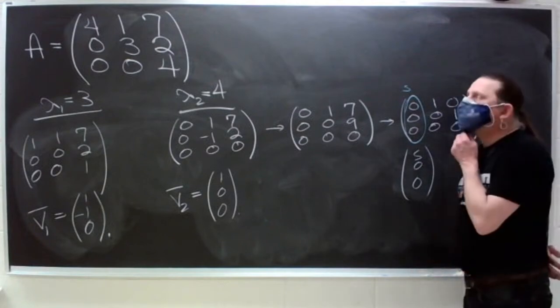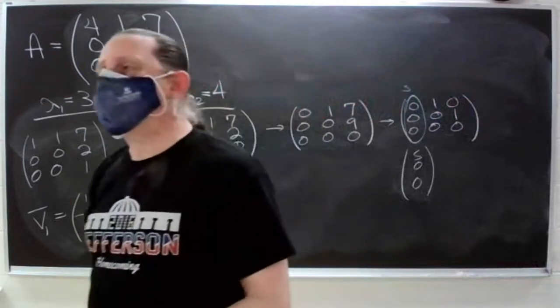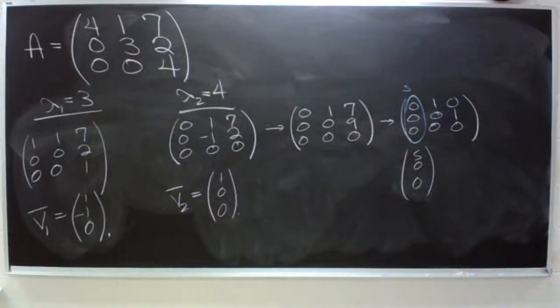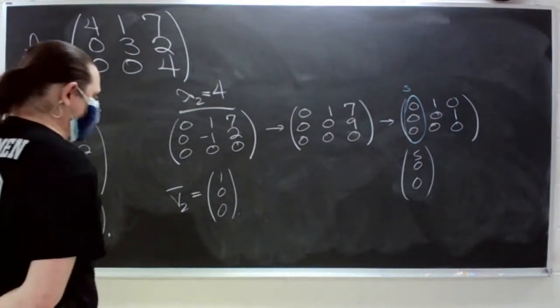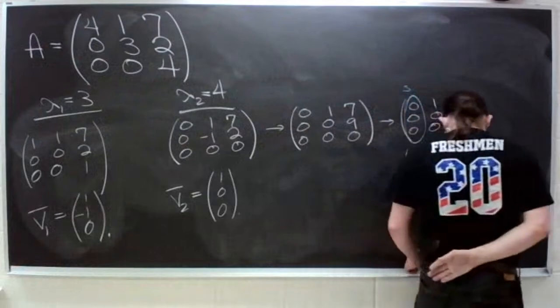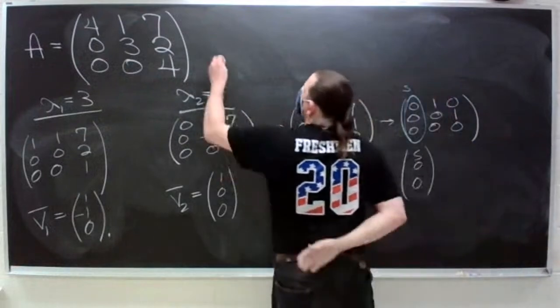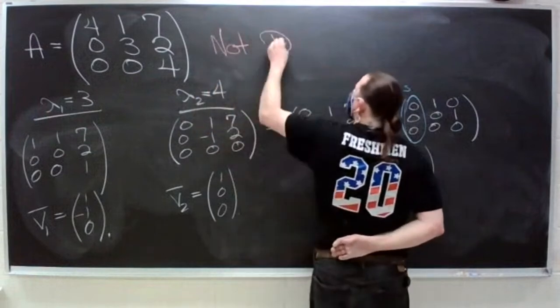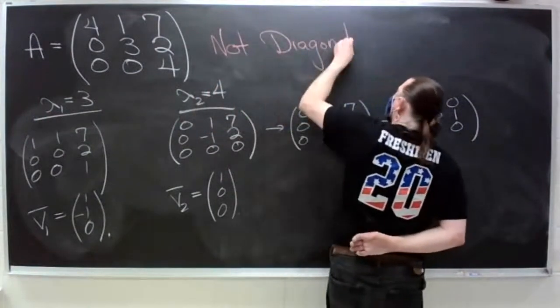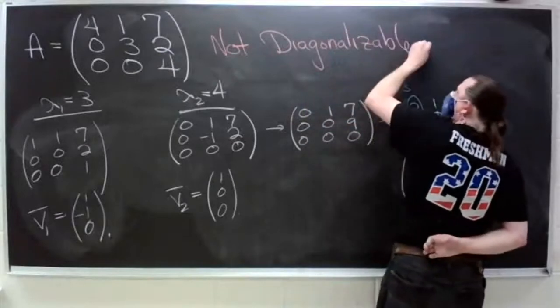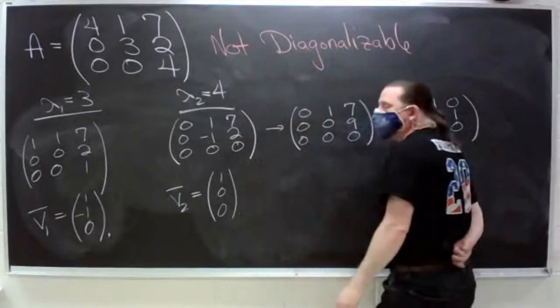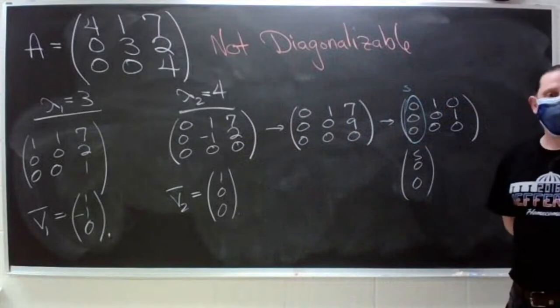And notice that we do not have an eigenbasis for this matrix. We have only two linearly independent eigenvectors. So for that reason, this matrix is not diagonalizable.